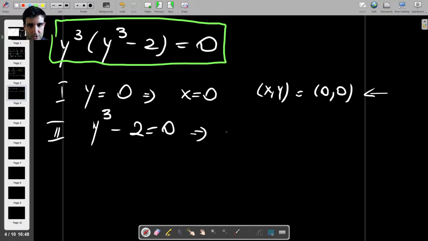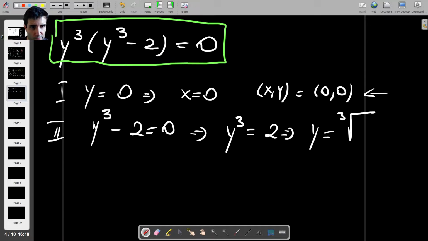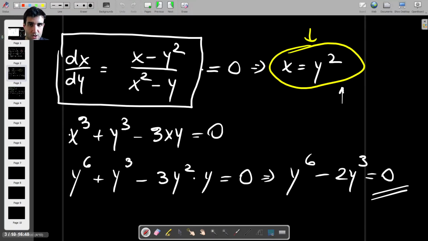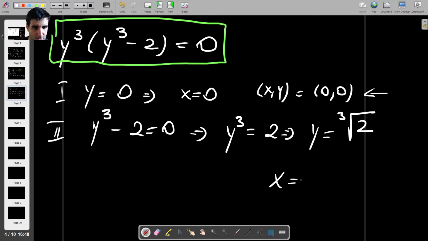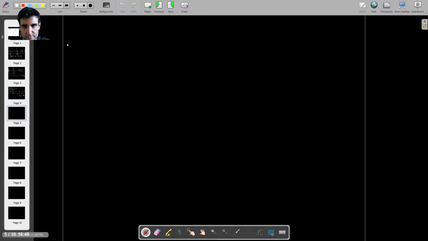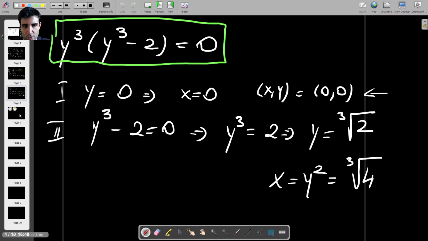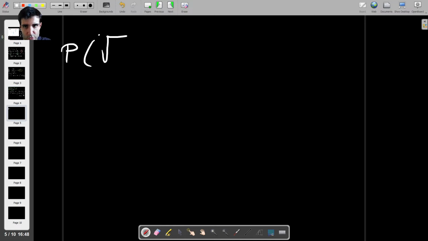That means y cubed is equal to 2, which means y is equal to the cube root of 2. And if we know y, then we can find x, and x is y squared, so x will therefore be the cube root of 4. So point P has coordinates given by the cube root of 4 and the cube root of 2.